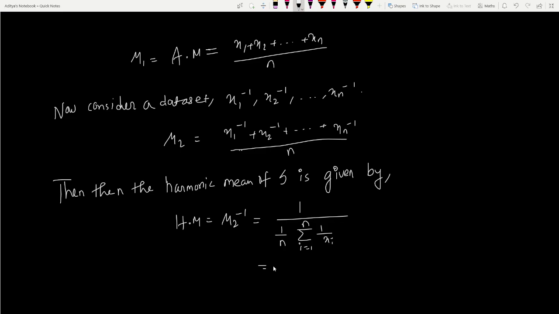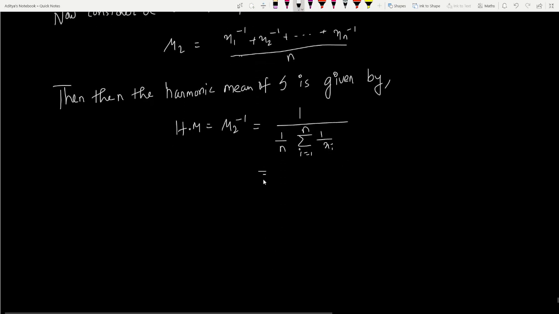A prettier form to write this would then be n divided by 1 by x1 plus 1 by x2 plus all the way up to 1 by xn. So the harmonic mean of a data set consisting of points x1, x2 up to xn can be just written as n by 1 by x1 plus 1 by x2 all the way up to 1 by xn.